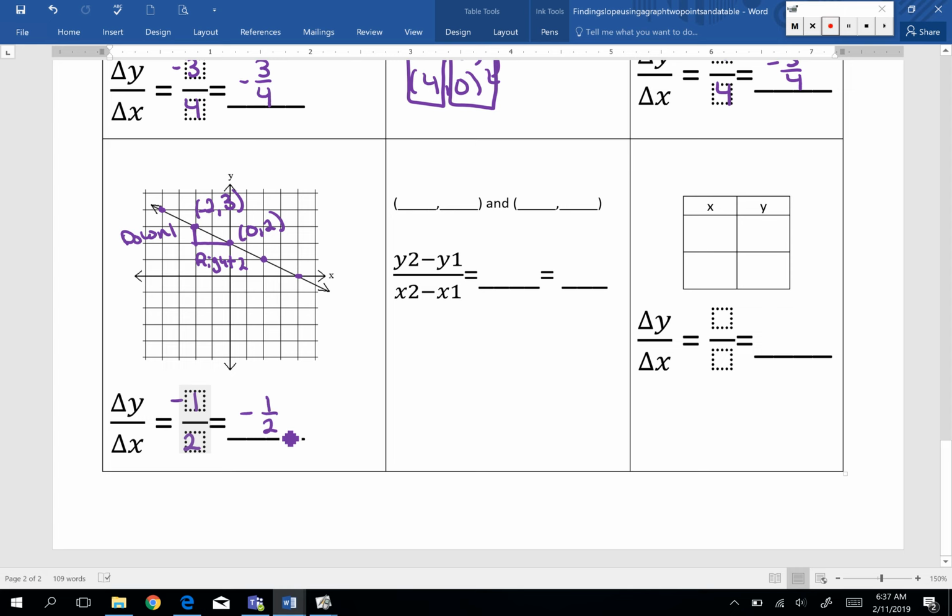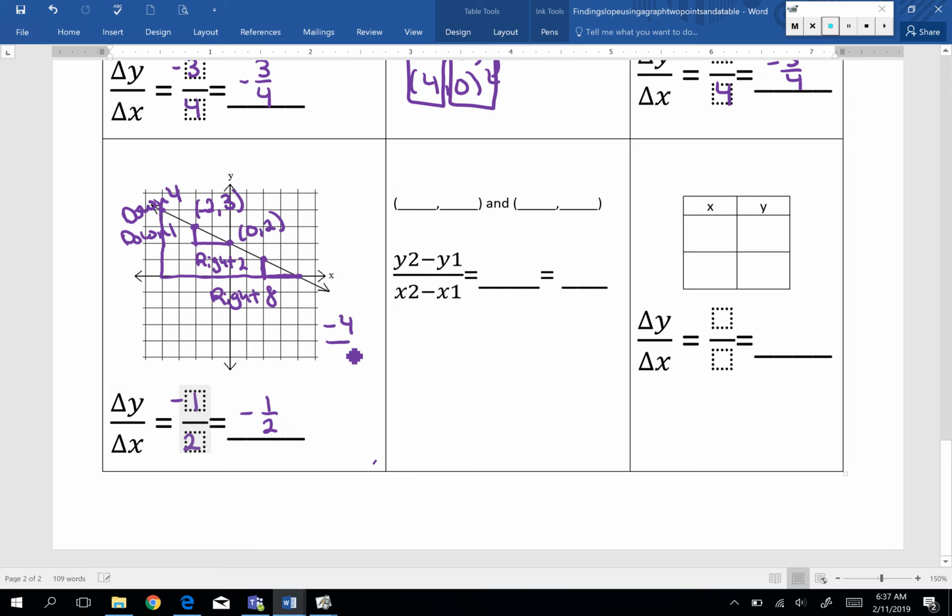So again, you might have chosen two other points on your graph, and any two will work. So if I would have chosen these two right here, I would have gotten the same thing. I could have chosen to start all the way over here and gone down 1, 2, 3, 4, and went to the right 1, 2, 3, 4, 5, 6, 7, 8.